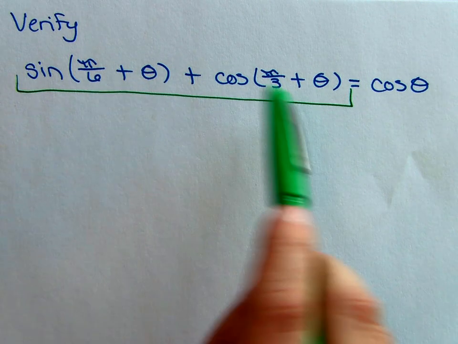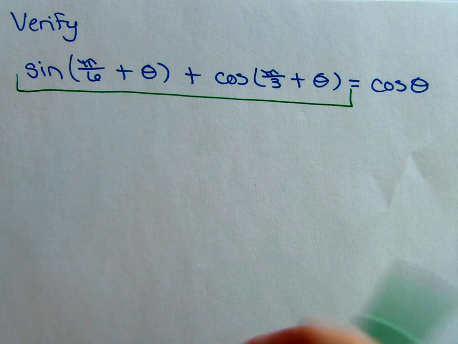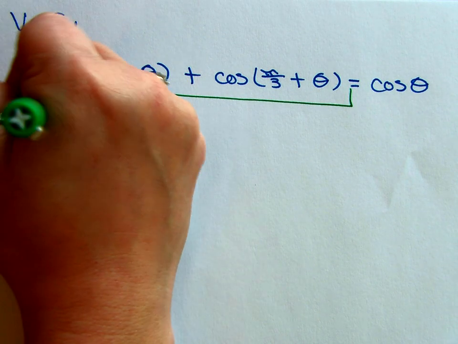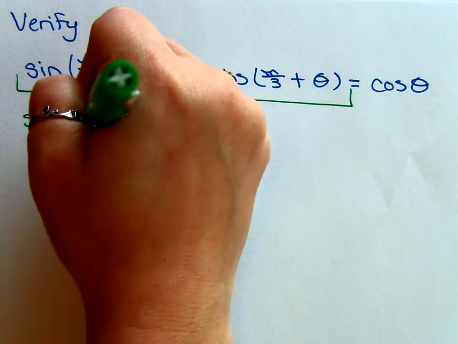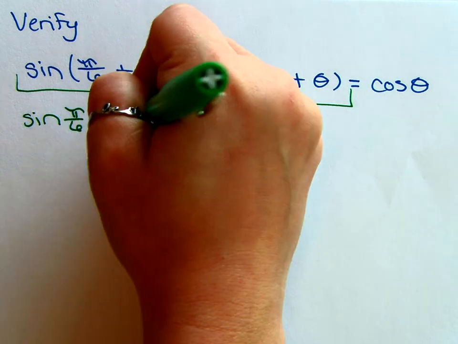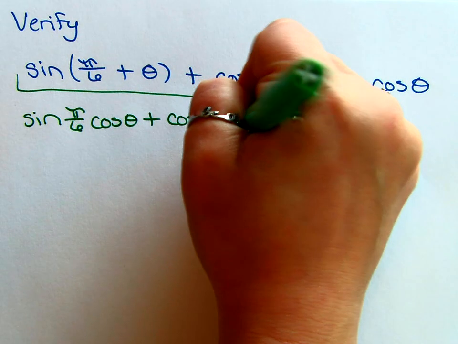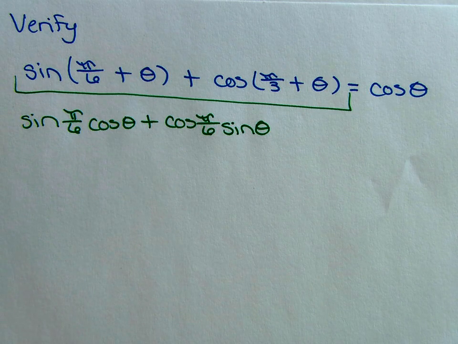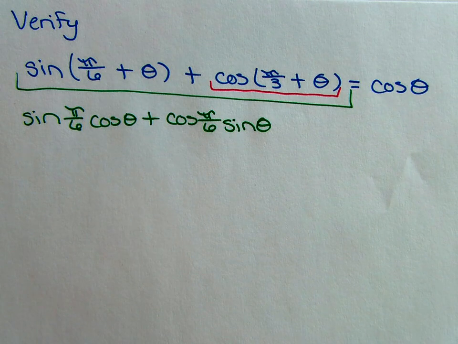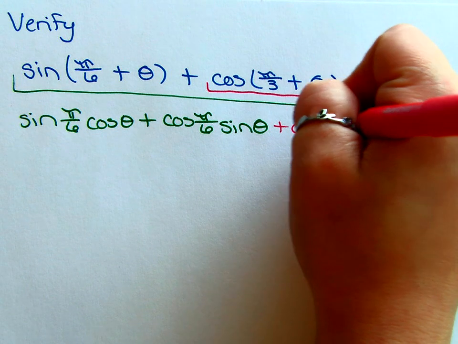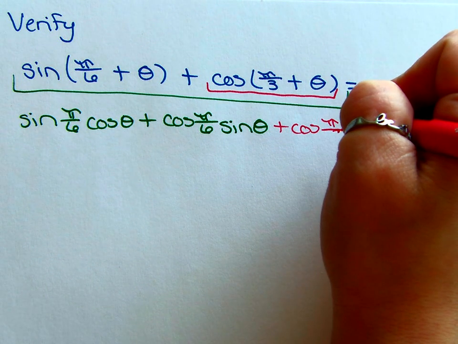So if I'm looking at the sine of sums, this is going to give me sine of pi over 6 cosine theta plus cosine pi over 6 sine theta. And that is just for that first bit. This part right here, this cosine of sums, splits as well to become cosine of pi over 3 cosine of theta.